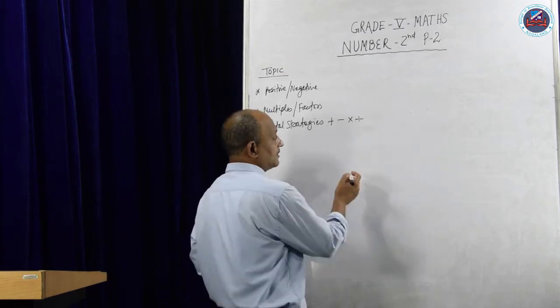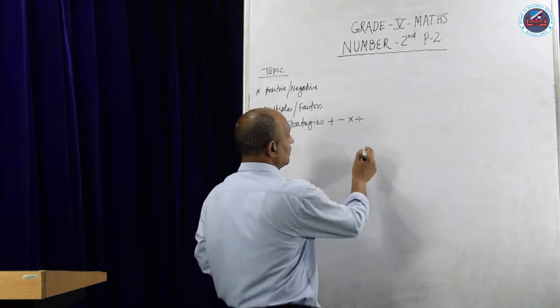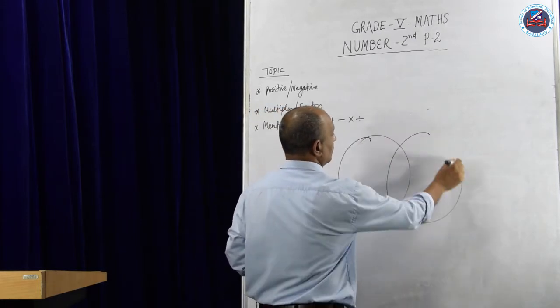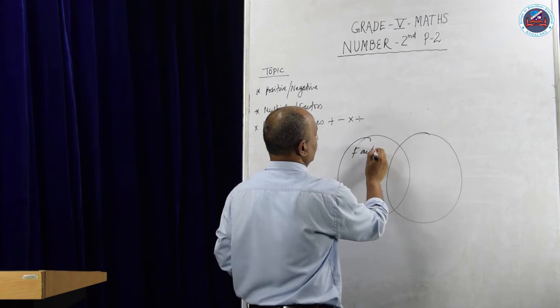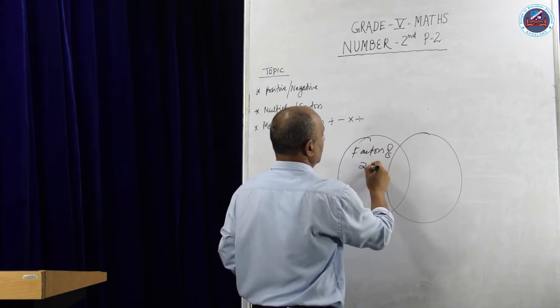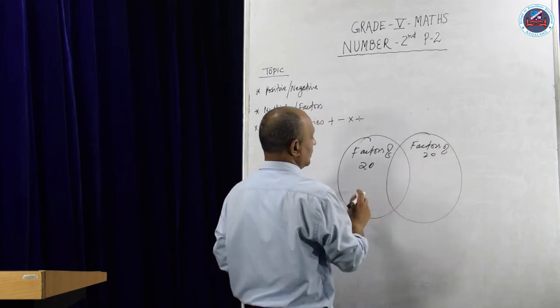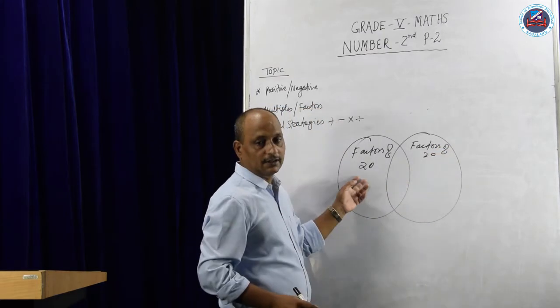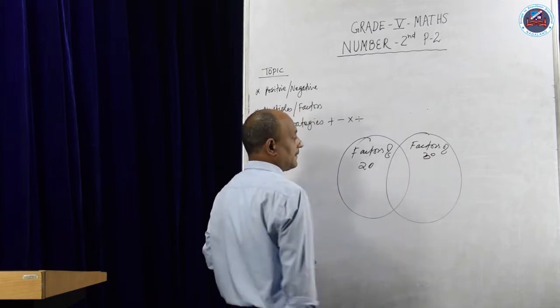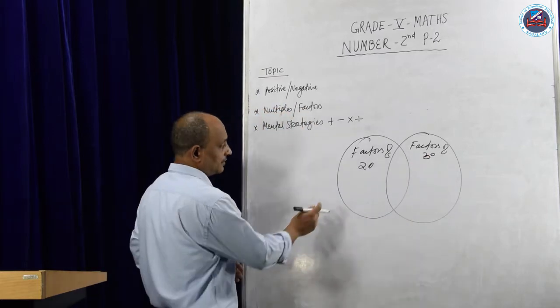Let us take a Venn diagram, with factors of 20 and factors of 30. Let us write the factors of 20 first.